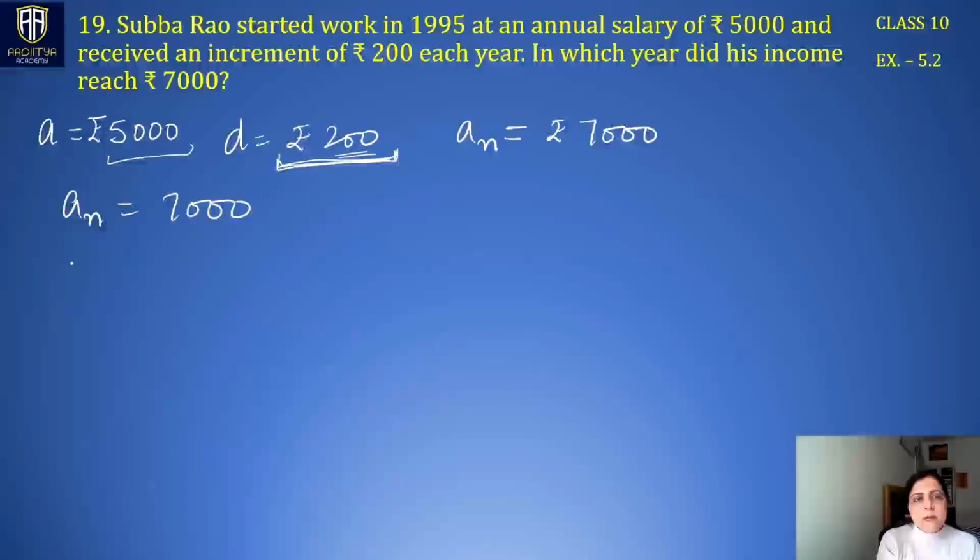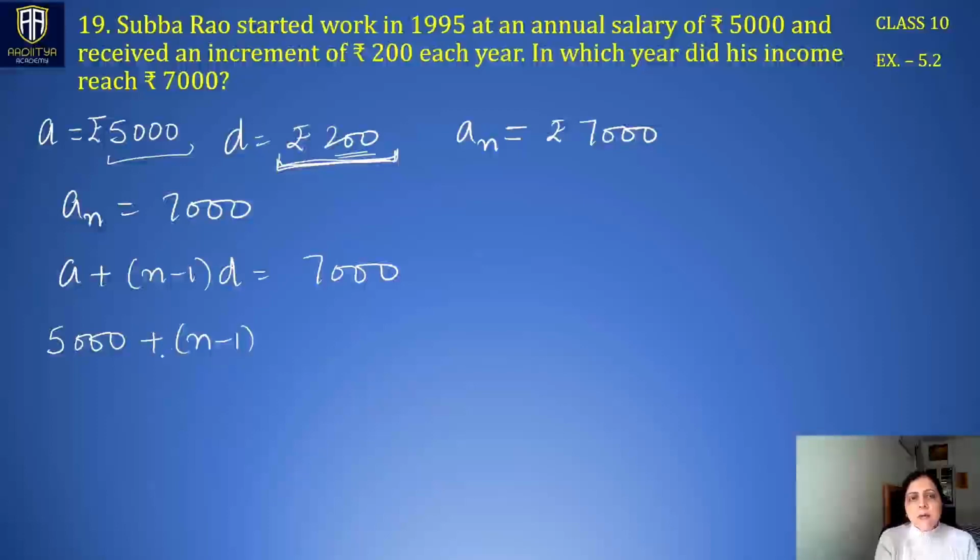an is 7,000. a plus n minus 1 d is 7,000. The first value is rupees 5,000. n we have to calculate, for how many years he has worked to reach the salary of 7,000. Annual increment being rupees 200, right?